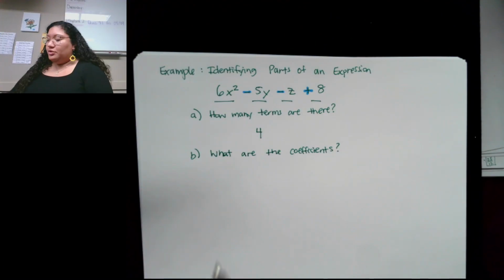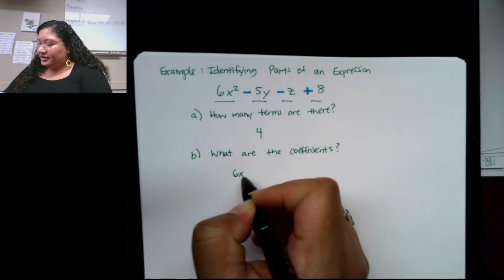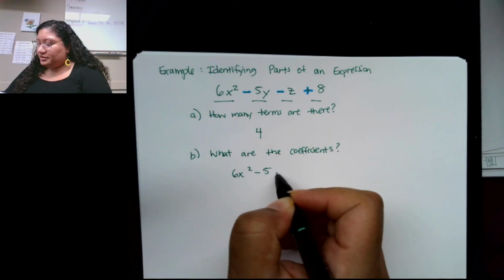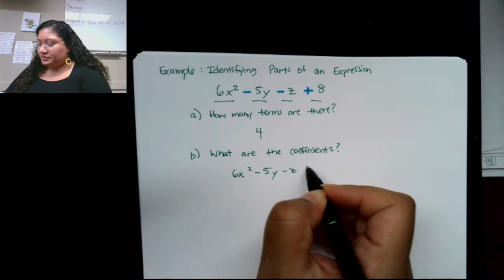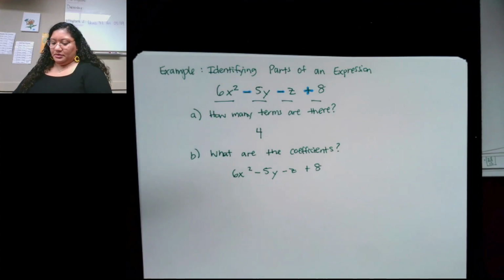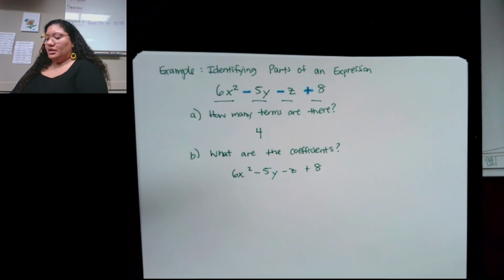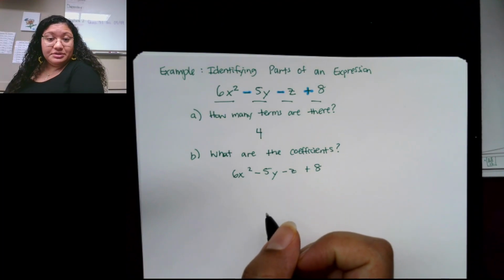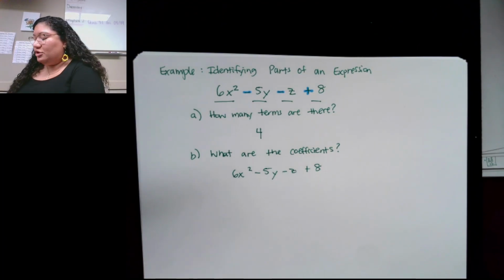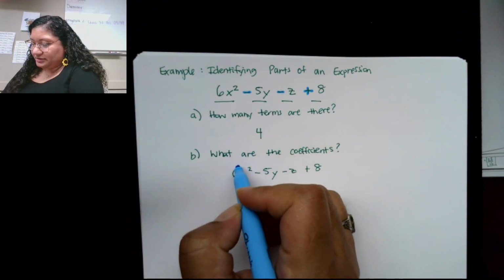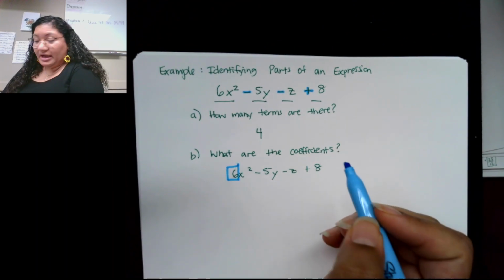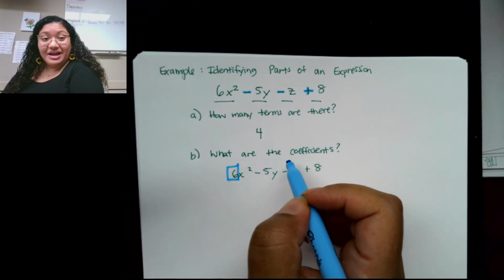Okay, so looking back at this again, what are the coefficients? Well, the one I can clearly see is 6. I also have, is it 5 or negative 5?